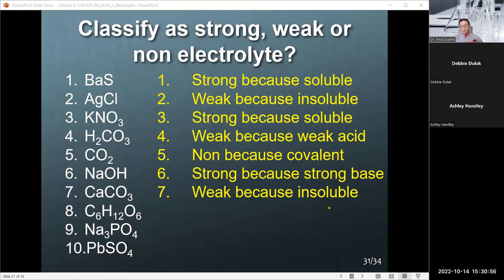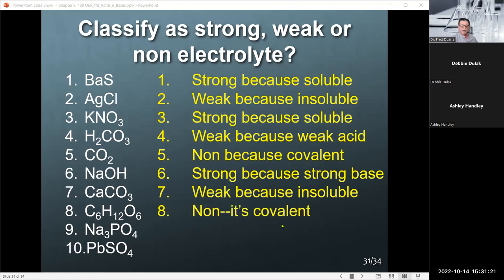Then we have number 8, which consists of nothing but carbon, hydrogen, and oxygen. I didn't mention what it was, but I hope you recognize that all you see there in the formula is carbon, hydrogen, and oxygen, which would tell you, okay, I have a covalent compound. Having a covalent compound means that it is a non-electrolyte.